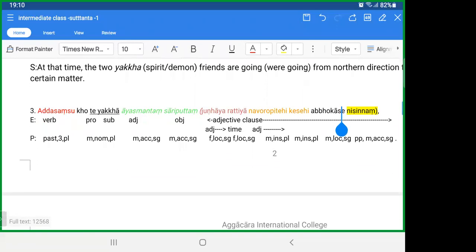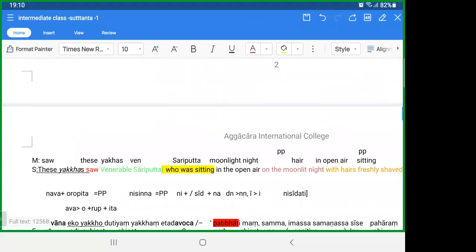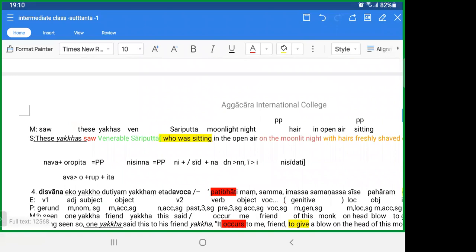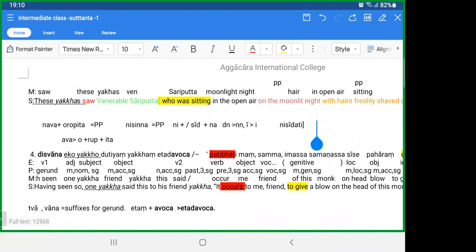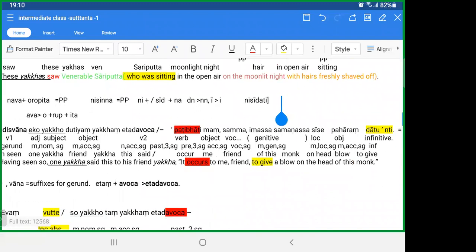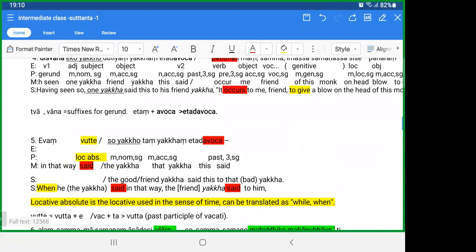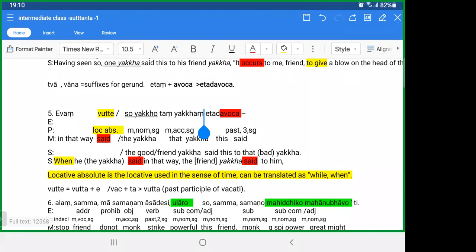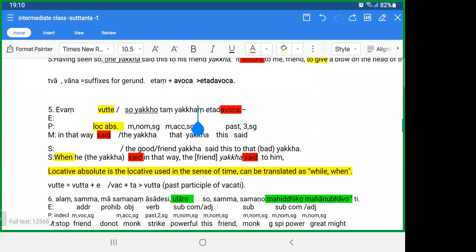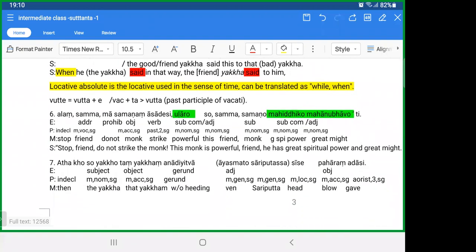Then one yakkha said to his friend, the second yakkha, that he wanted to give a blow on the head of this monk. The good yakkha, the friend, said to the bad yakkha, don't, ma alam, don't disturb the monk.